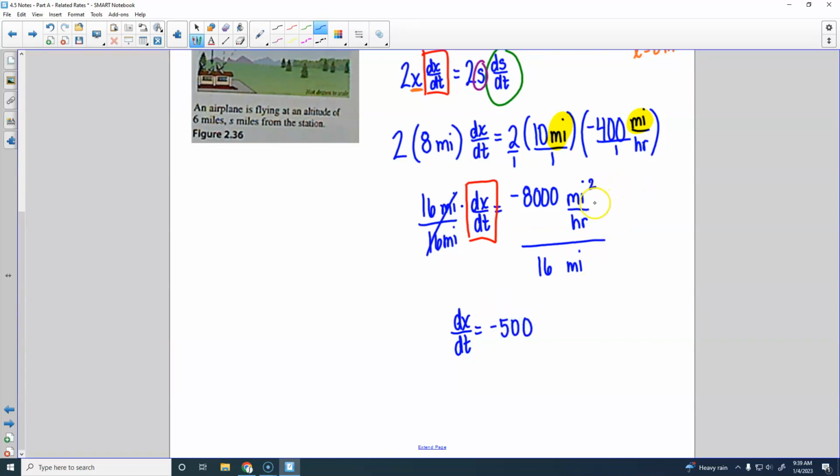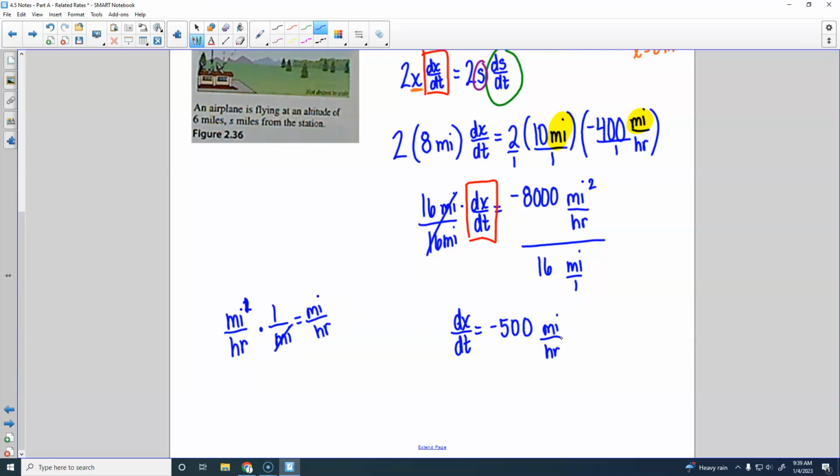And then watch what happens with your units. This is miles. You can put it over 1. So that means miles squared per hour, and then dividing fractions is easy as pie. Flip the second and multiply. And so one of these miles cancels with one of these miles here, and you just get miles per hour.